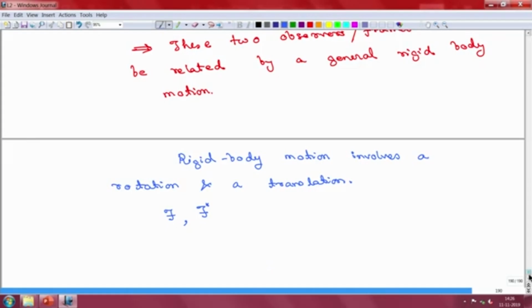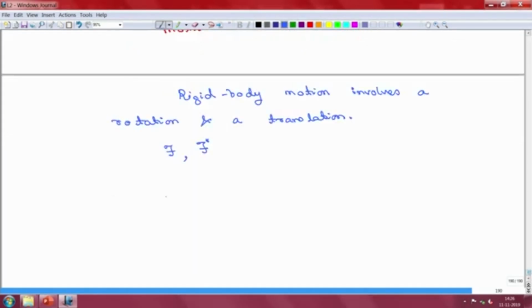Now, rotation between two frames can be represented by a matrix. If you have 3-dimensional space, then the rotation matrix will also be 3 cross 3.